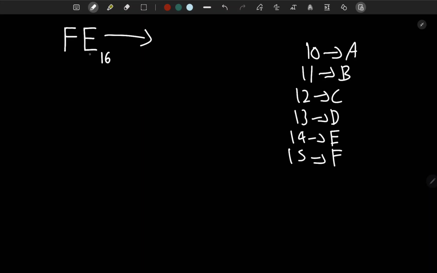So now again the same steps. This would be 16 to the power of 0, and F would be multiplied by 16 to the power of 1.